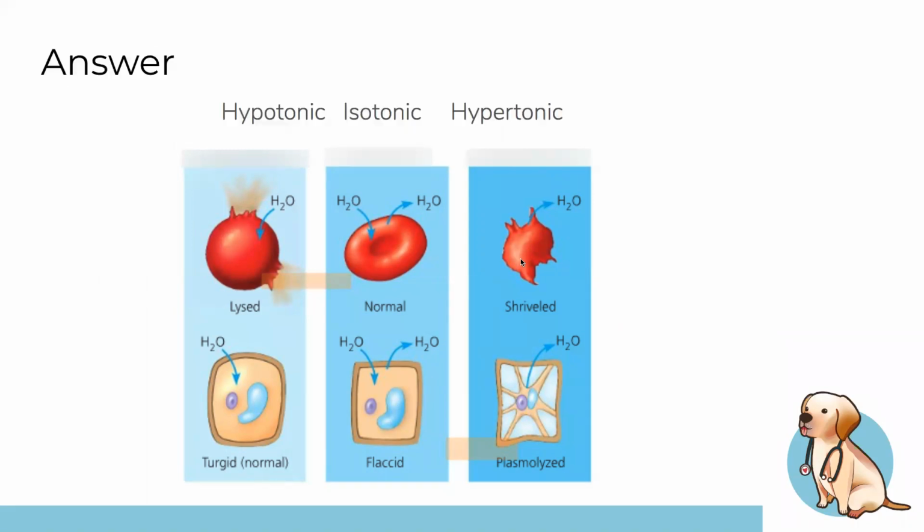So the picture on the left, the solution is hypotonic because the water is going into the cell. And in the middle, it is isotonic because nothing's happening. And on the right, it is hypertonic because the water is going out of the cell. So the water will always move towards the hypertonic side.